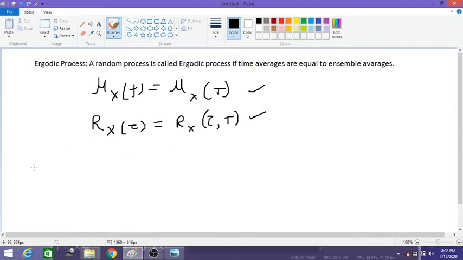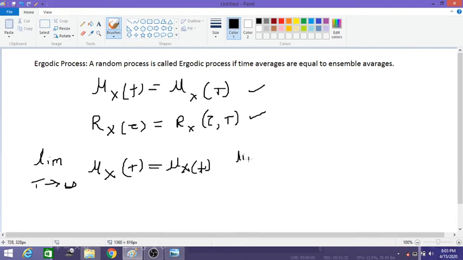That is, as the limit t tends to infinity, mu x of t is equal to mu x, and the second is that as the limit t tends to infinity, the variance of the mean mu x of t is equal to 0.